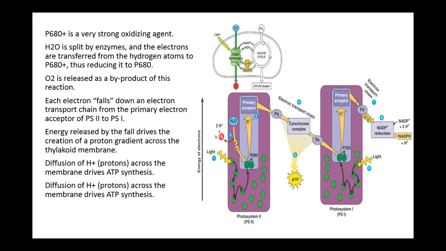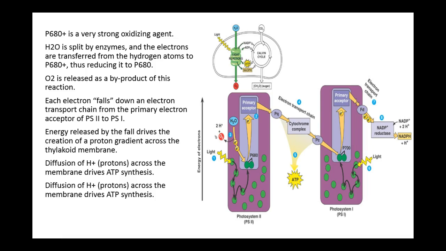That diffusion then causes ATP synthesis. Very similar to cellular respiration, that diffusion causes that turn of the cycle that allows for a phosphorus to be put onto ADP.